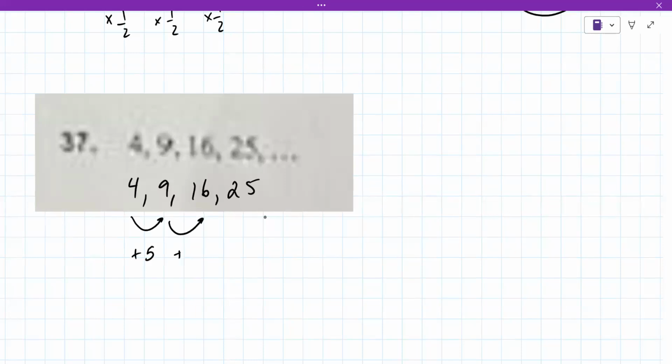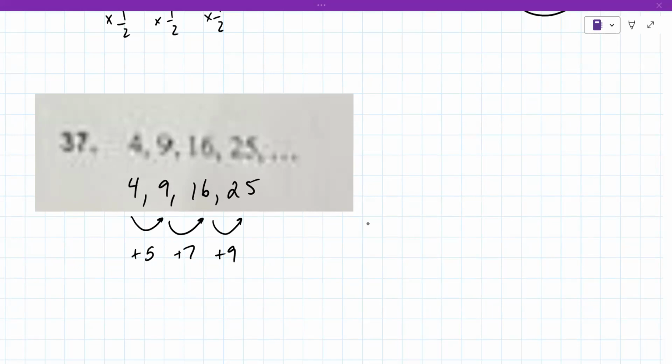Plus 5, plus 7, plus 9. Notice that this is not the same each time. But doesn't it go up? Don't those numbers go up by two each time? That's what they told us to do.